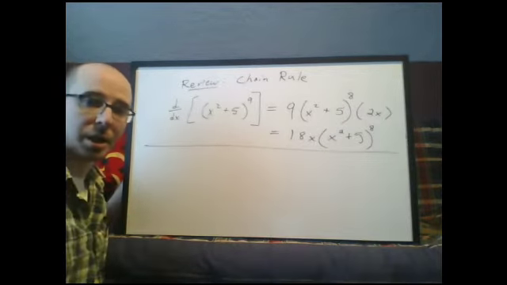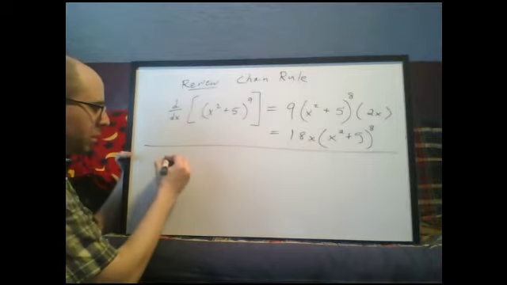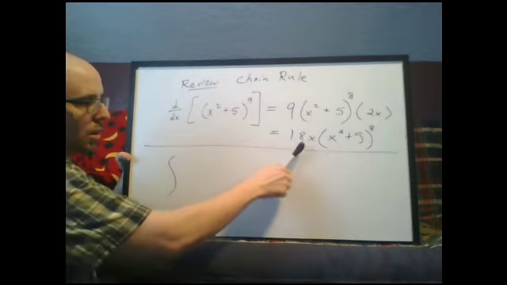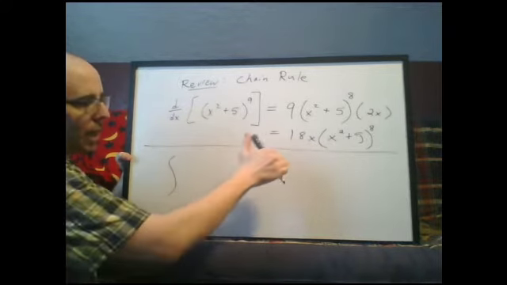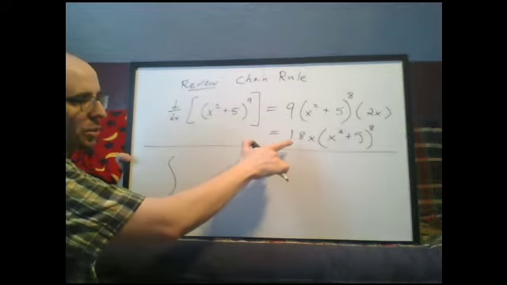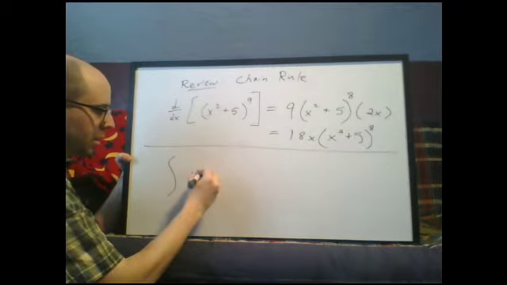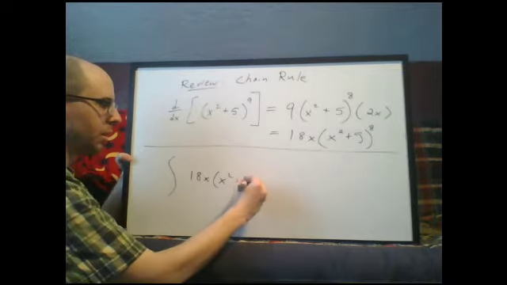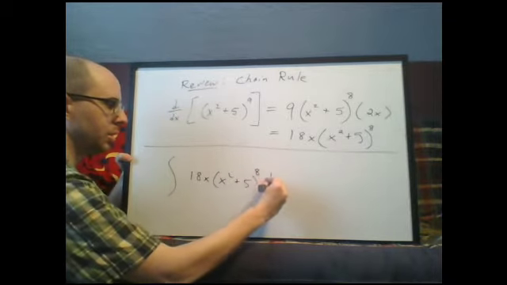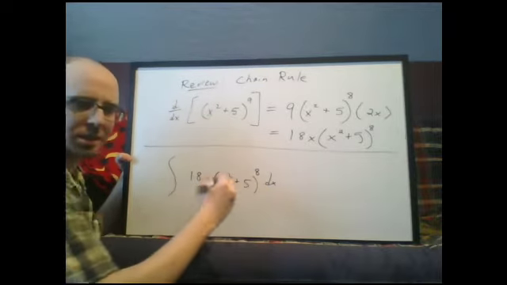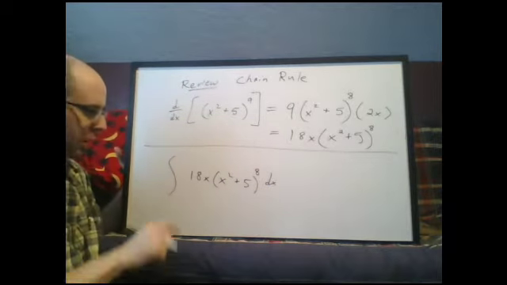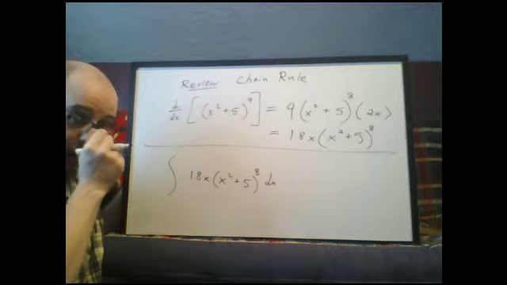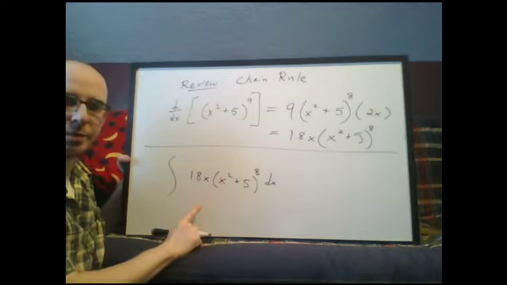Now let's think about how we would integrate this function. If I happen to come across the integral of this exact function, 18x times x squared plus 5 to the 8th power dx. Let's just worry about indefinite integrals for now, so no numbers. That means we're just looking for antiderivatives.